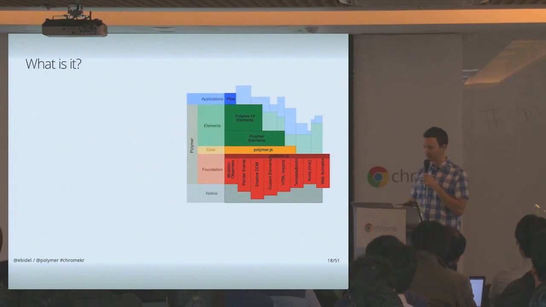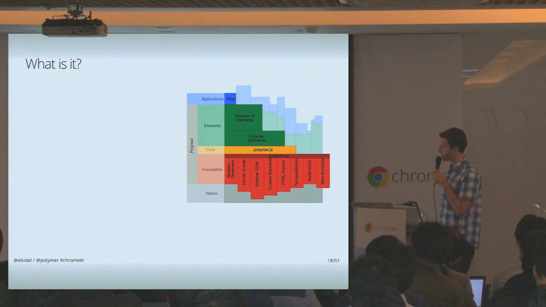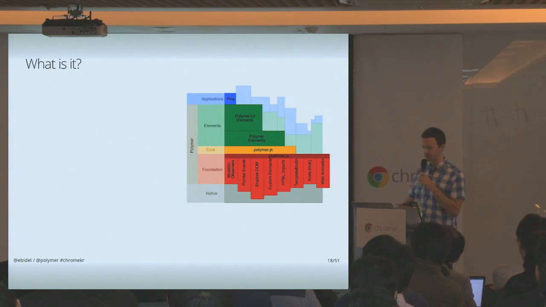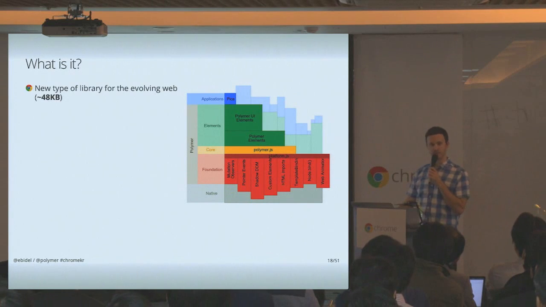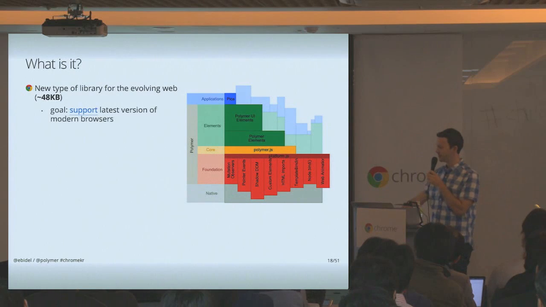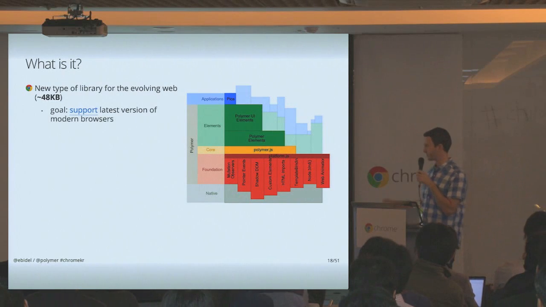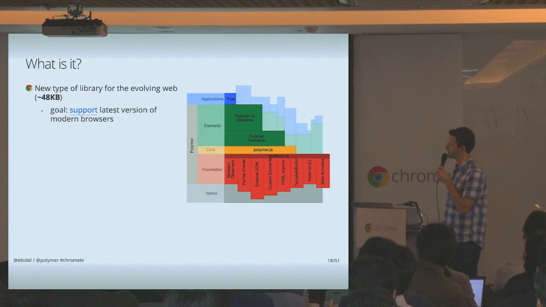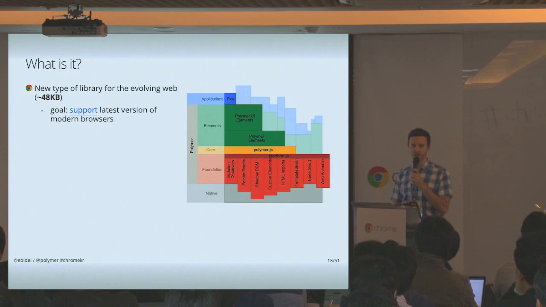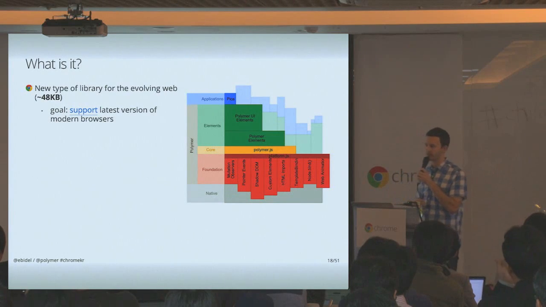So what is Polymer? This is our architectural, conceptual diagram. First, it's a library, about 48 kilobytes, for the evolving web platform. It enables the use of things like custom elements, pointer events, shadow DOM and HTML imports today using polyfill libraries. As I mentioned before, we have an explicit goal to support the latest version of every browser.